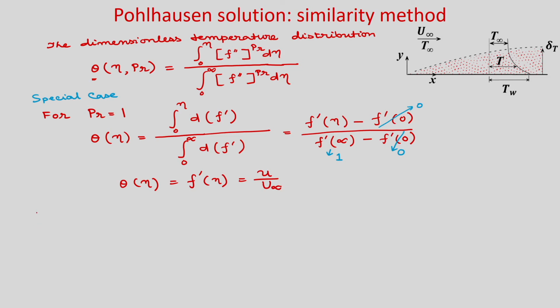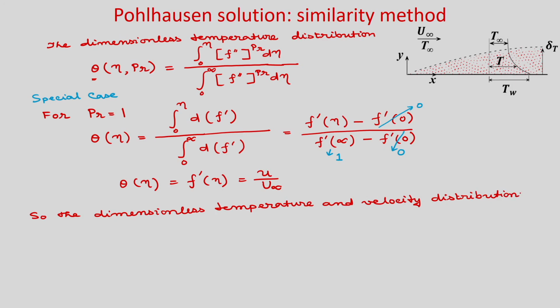Okay. So, the dimensionless temperature and velocity distribution are identical for Prandtl number equal to 1.